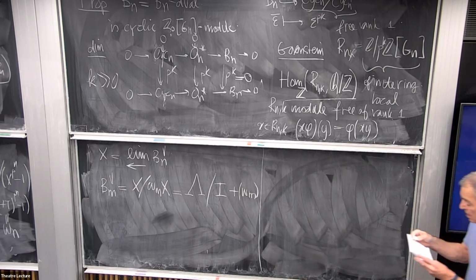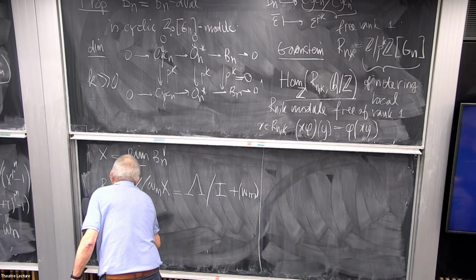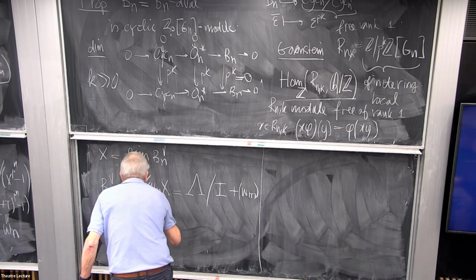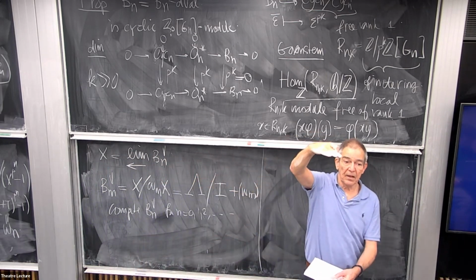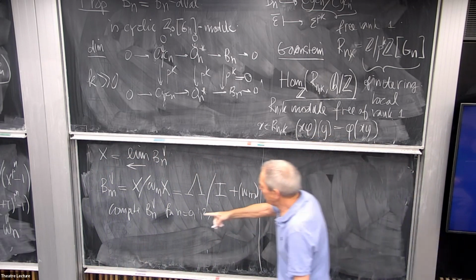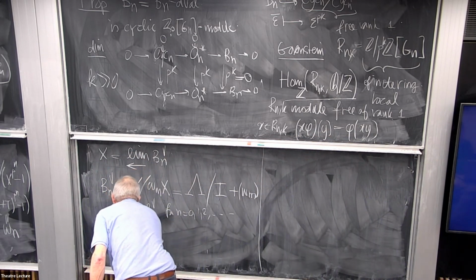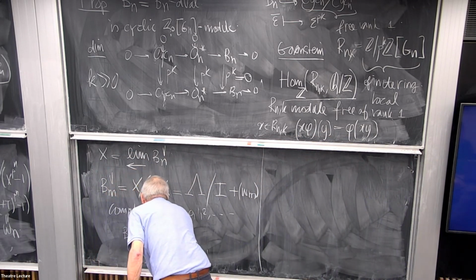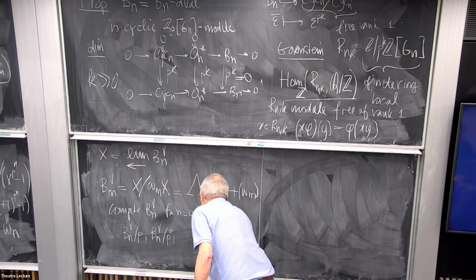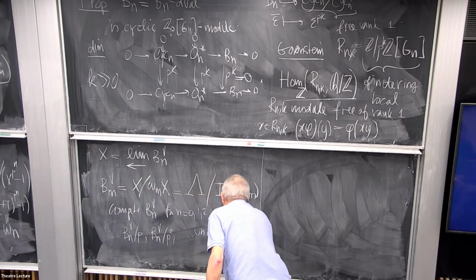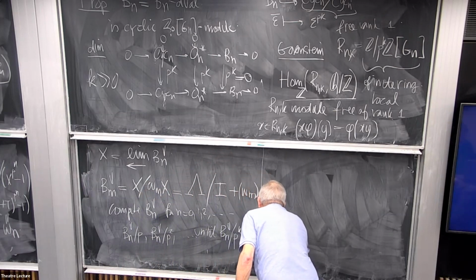Okay, now how do you compute? So instead of computing Bn, I will compute Bn dual for n is 0, 1, 2, and then wait and see where it's stable. And how do we compute Bn dual? Well, I compute first Bn modulo p, and then Bn modulo p squared, and then etc., until it happens that Bn dual modulo p to the k is equal to Bn dual modulo p to the k plus 1.